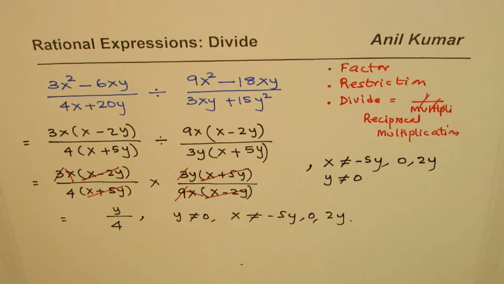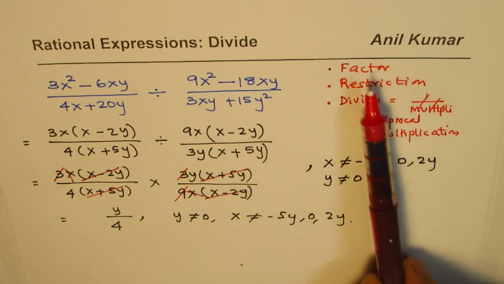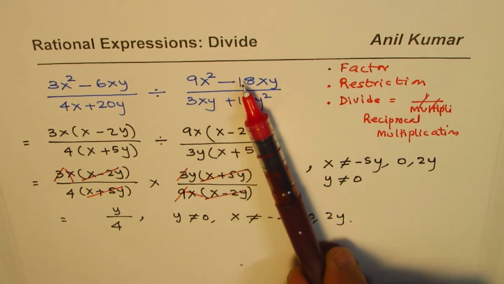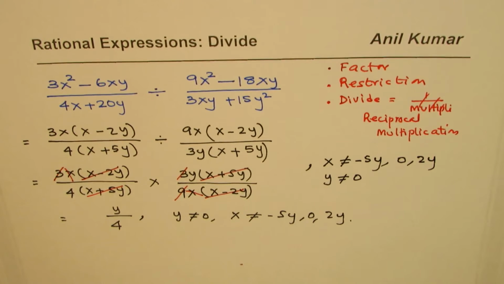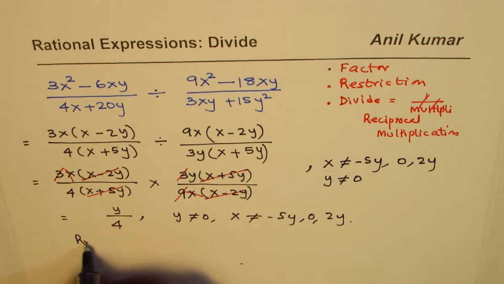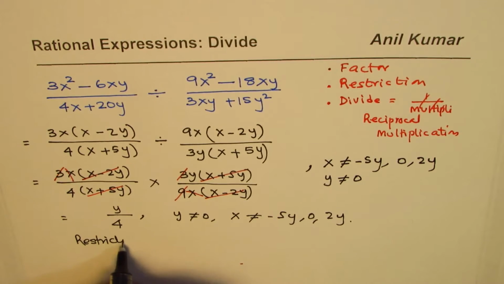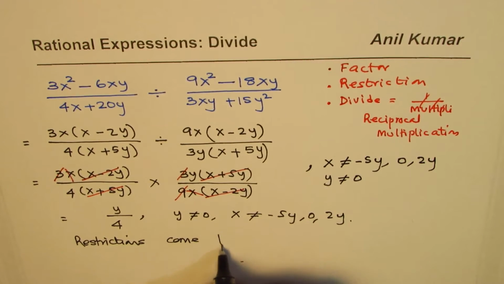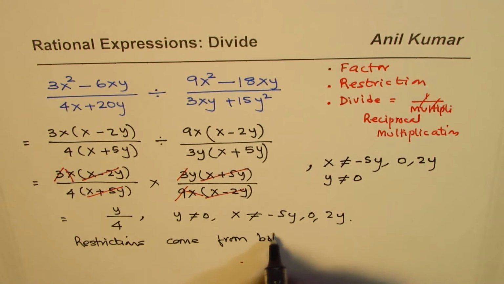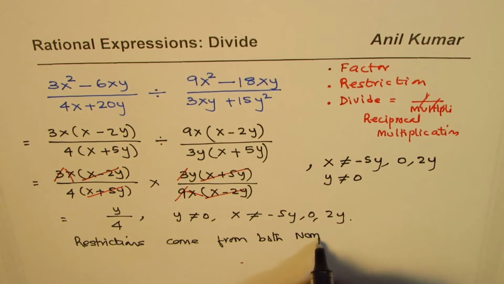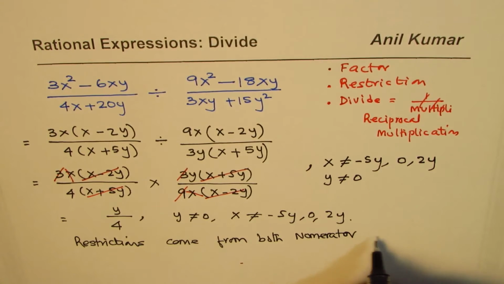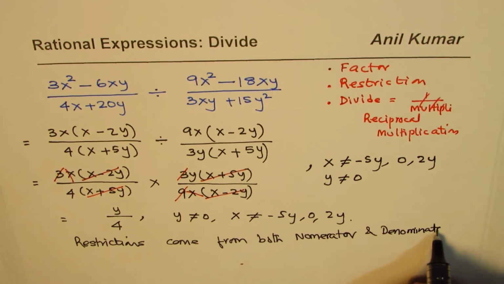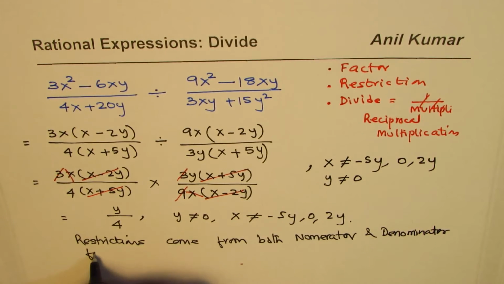I hope the steps are very clear. So you need to factor all the terms and look into restrictions. When you divide, it is important to check that restrictions come from both numerator and denominator for the divisor.